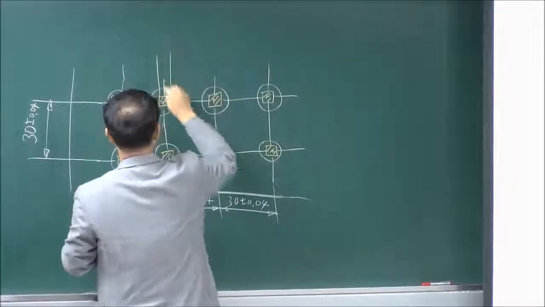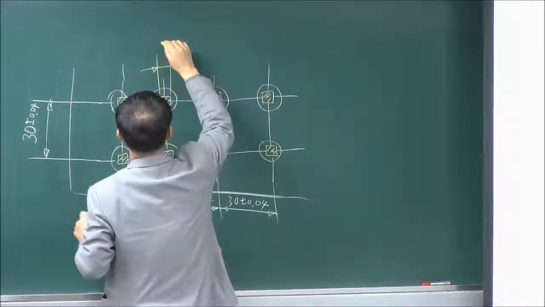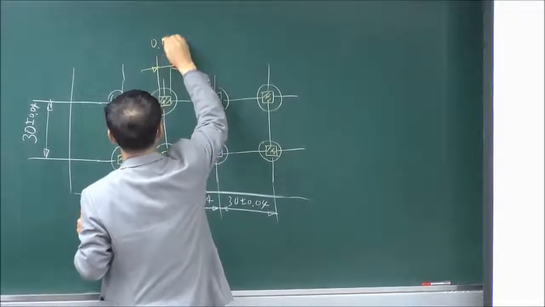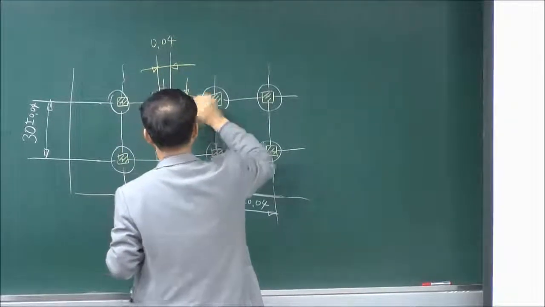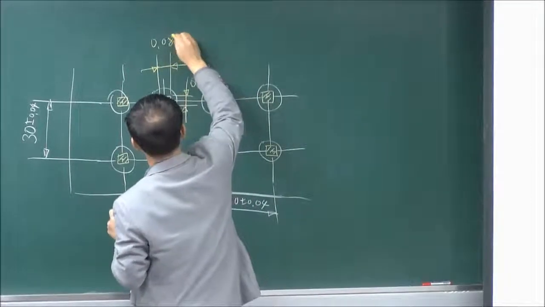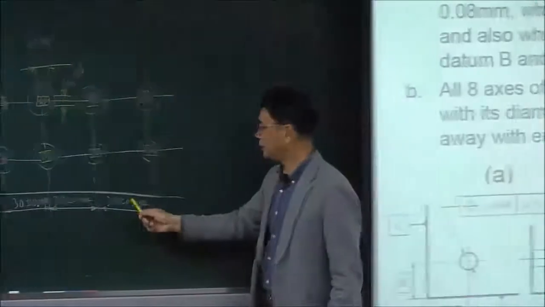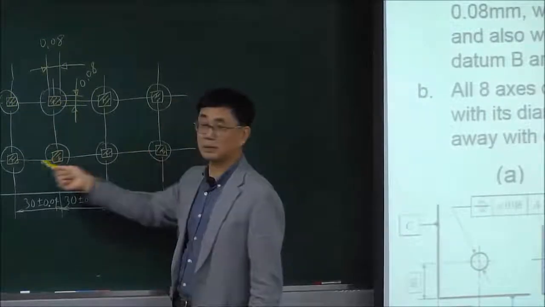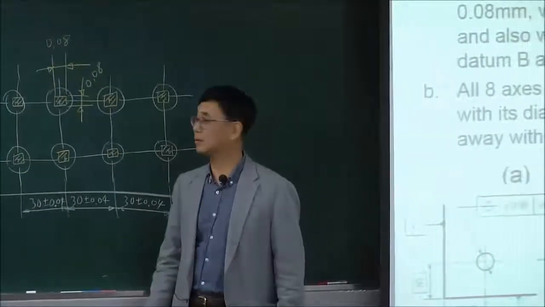Within this area, the rectangular shape, the edge is 0.04, and this edge is also 0.04, 0.08, sorry, 0.08 and 0.08. Okay, so maybe it means that the hole center lies in the square whose side is 0.08 millimeters, right?